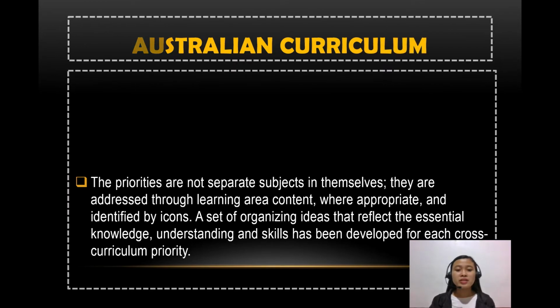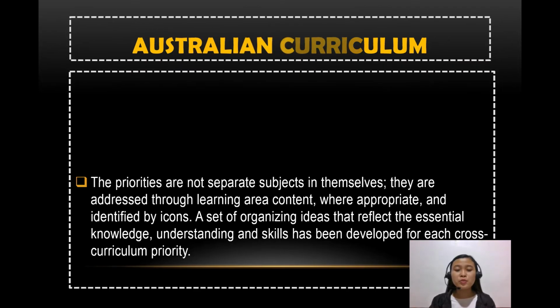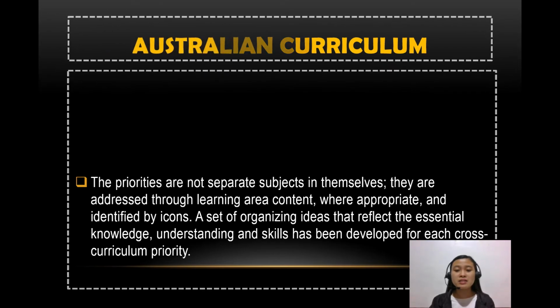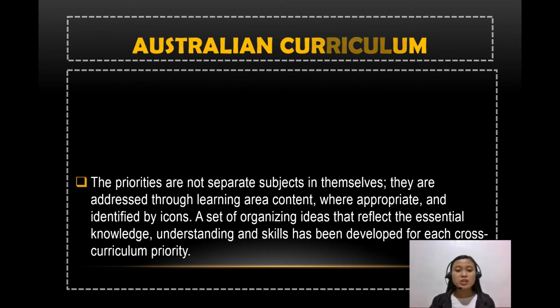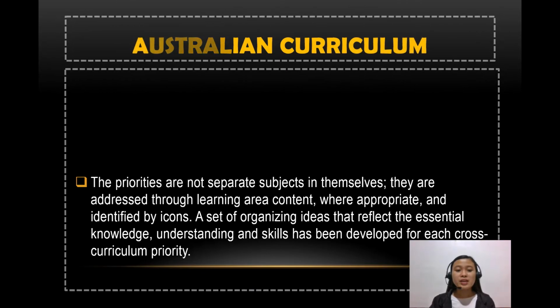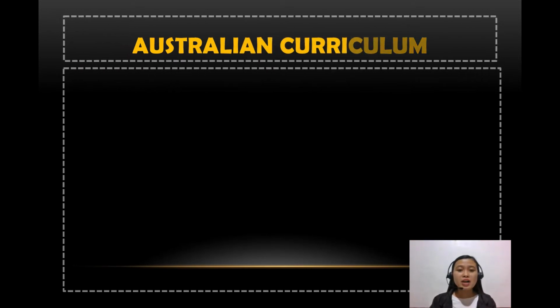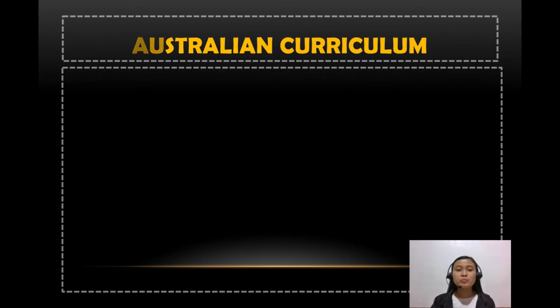The priorities are not separate subjects in themselves, they are addressed through learning area content, where appropriate and identified by icons. A set of organizing ideas that reflect the essential knowledge, understanding, and skills has been developed for the curriculum priority. So these are the Australian curriculum, and that would be all.